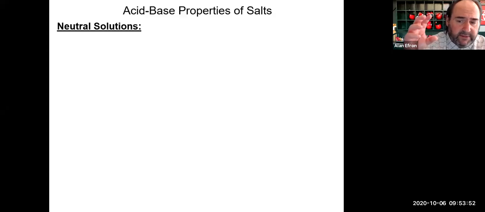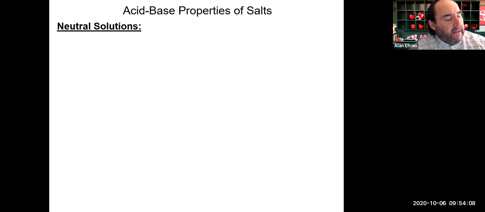Again, the higher electronegativity of that central atom is going to bring those electrons in, and that's going to weaken that OH bond. And weakening that OH bond is going to make it a stronger acid. So the electronegativity of the central atom is important. Higher electronegativity, stronger acid.